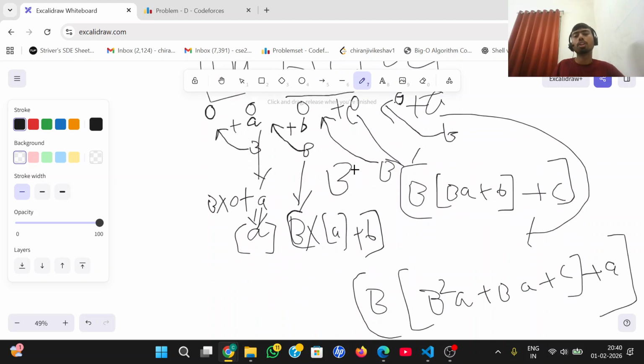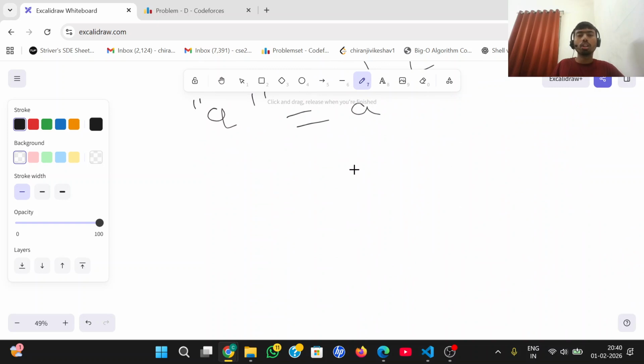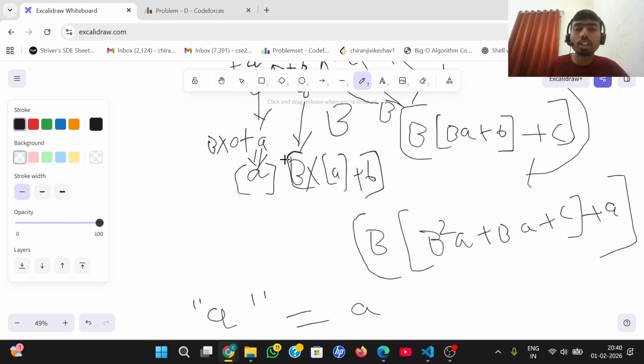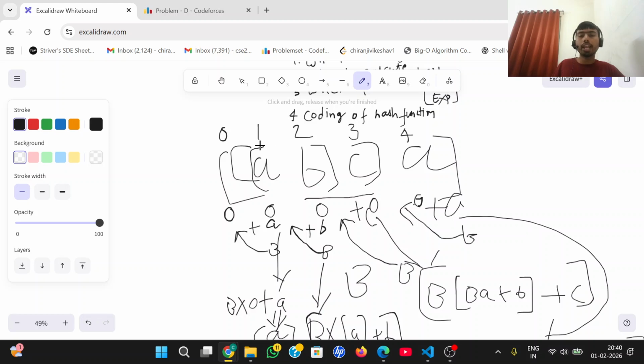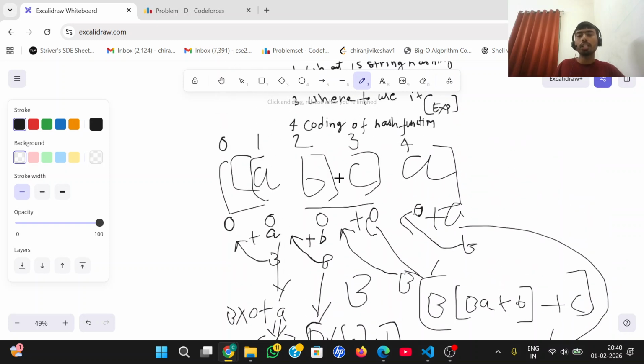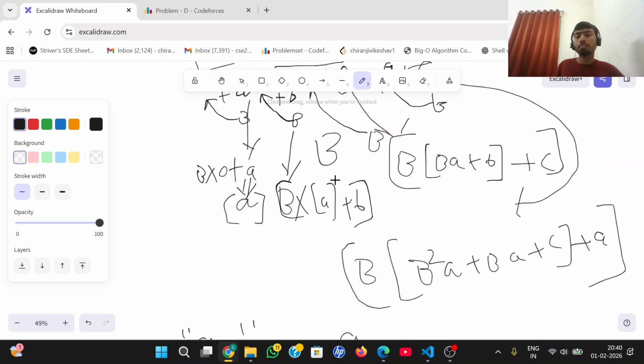So what do we do? Let's write here BC. We are going to find the hash value of the string BC. We have to take the hash value from A to C, and then subtract the hash value of the string A. Then we will get the hash value of the string BC. So what is the hash value of the string ABC?